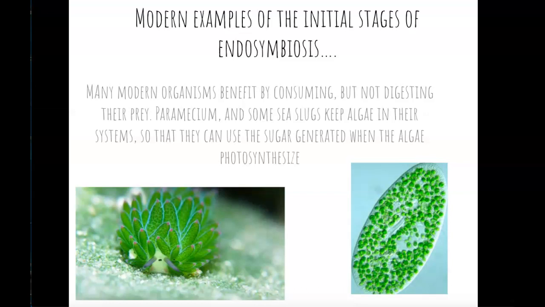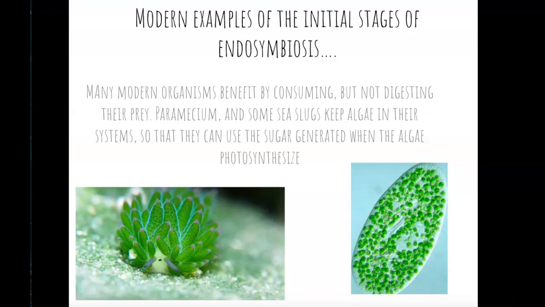So one example is in a paramecium, and these are simple cells that will ingest cyanobacteria, and they don't consume it.